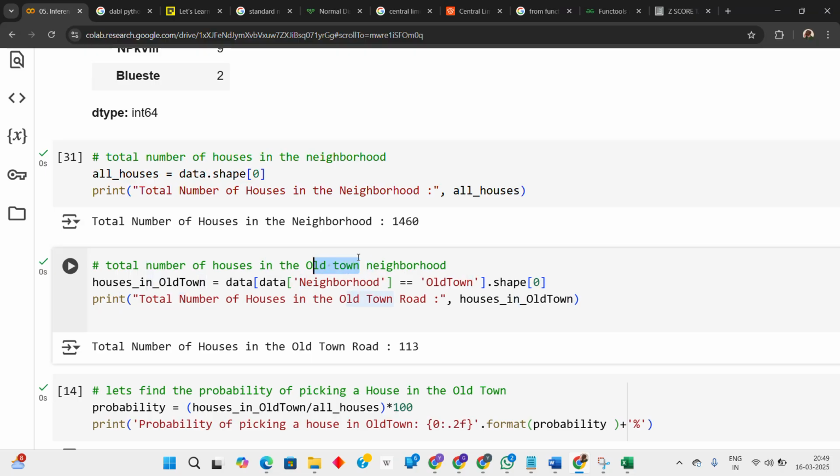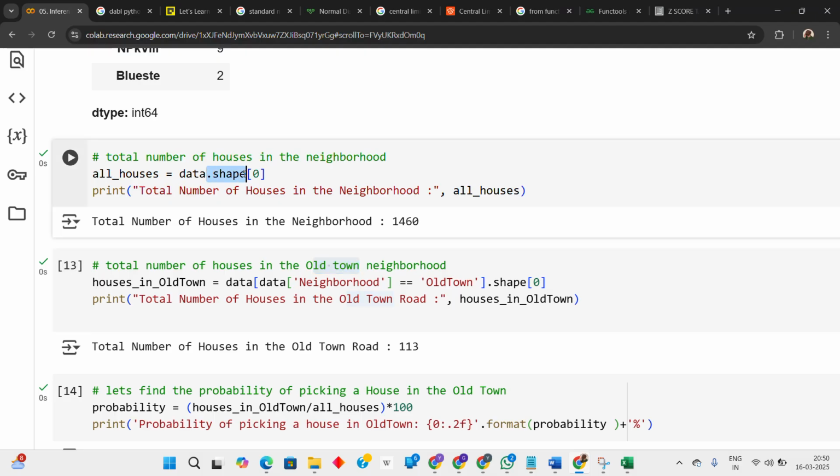Then the approach is, first of all, we have to figure out where exactly the data column is. Then we have to do an equality check with the data point. The data point is Old Town. We do the equality check so that we get all the related values. In that, we know that shape defines rows and columns, and rows define the number of houses.